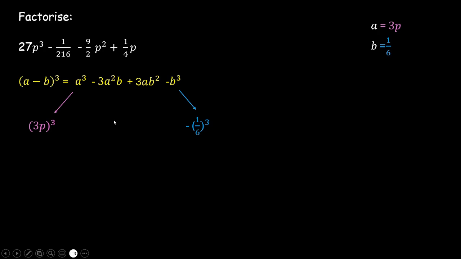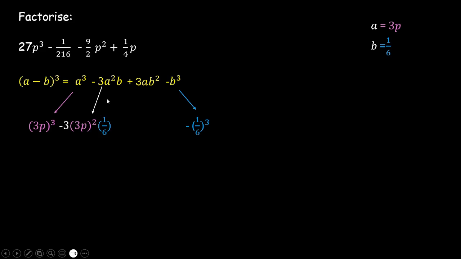Now let's just substitute the values. Minus 3a square b. So minus 3, a is 3p, that is 3p square, and 1 upon 6. So this will be minus 3 into 9p square into 1 upon 6. So we'll cancel 3 by 6, this is 2, and we get minus 9 by 2p square, which is exactly this value. So let's place it over here.